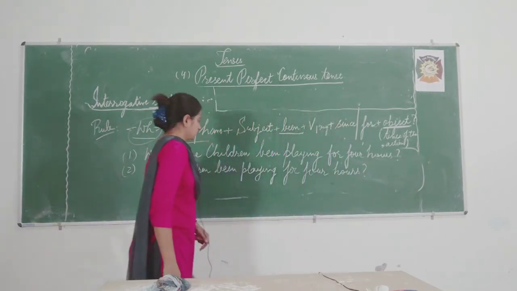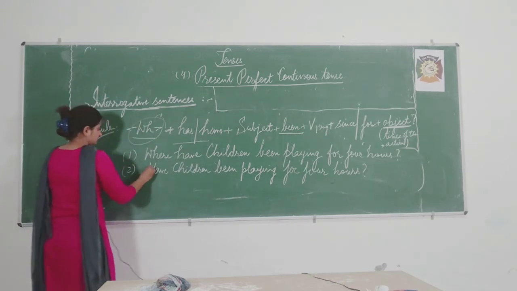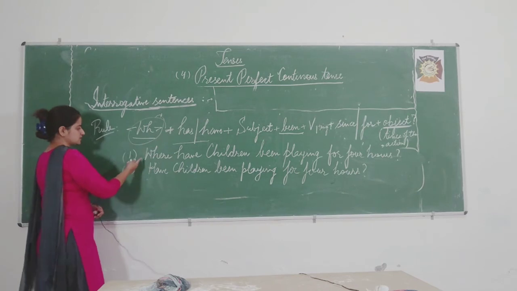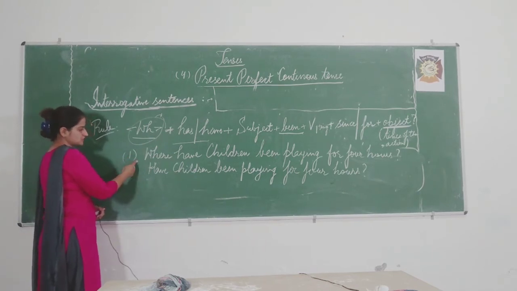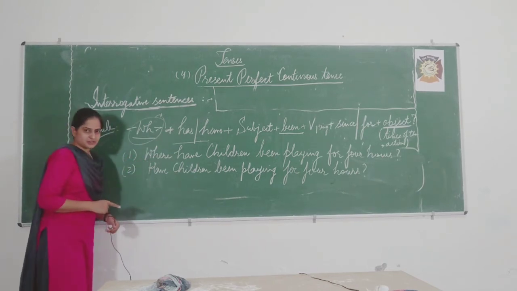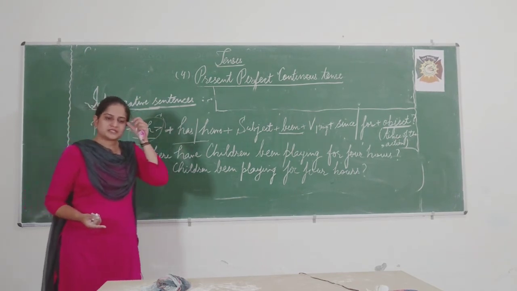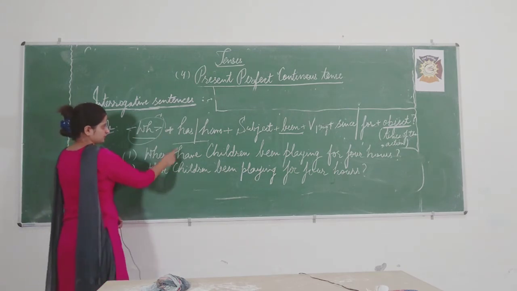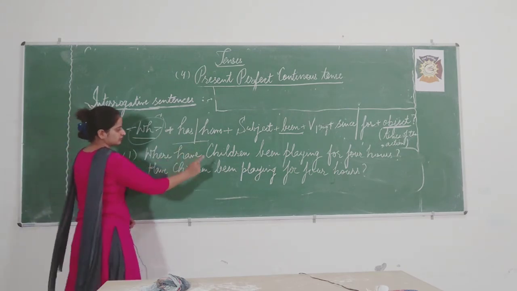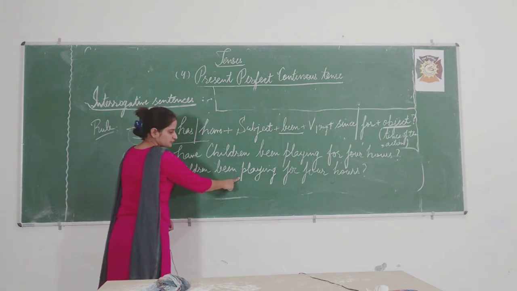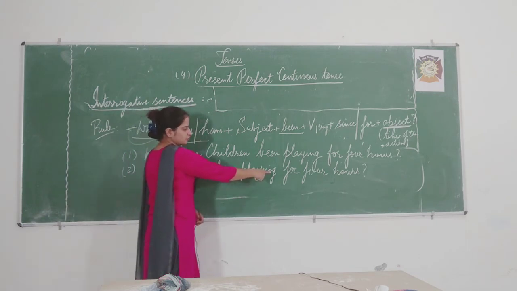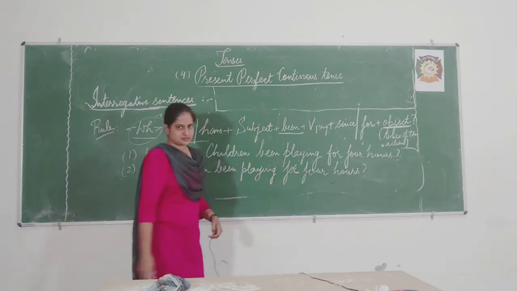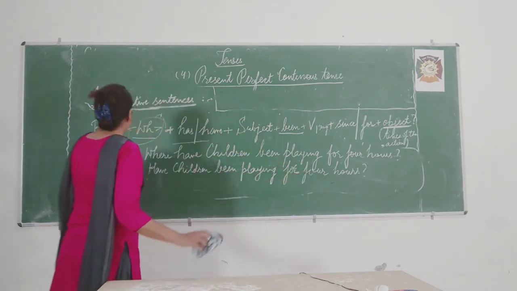In such kind of sentences you will be getting an answer in yes or no, whereas in the first kind of sentences where you are using WH family words initially, there you will be getting a very descriptive answer. So, have, subject children, been, play verb's first form, use ing with that, for 4 hours.